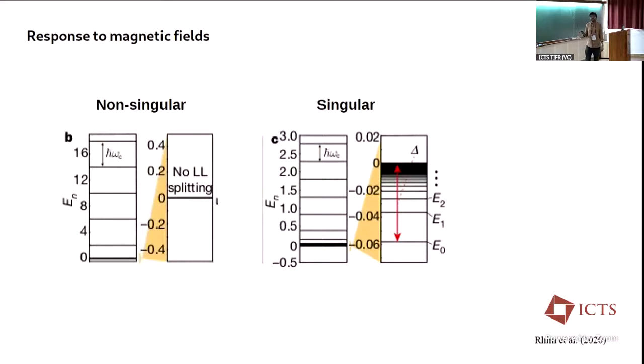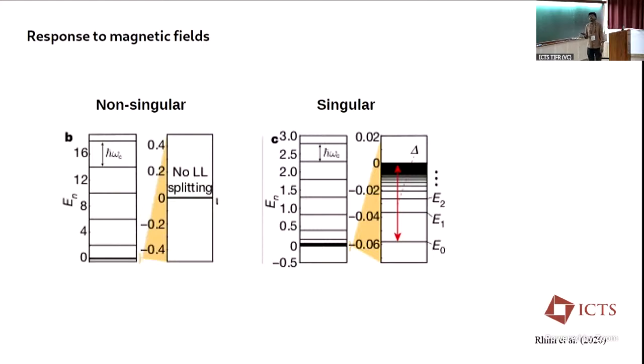But for a singular flat band, in the free space available in the energy landscape, we find an additional set of Landau levels. You do have the positive branches of the Landau levels, like for the non-singular case, but you have an additional negative branch of Landau levels forming below the flat band. The scaling of these Landau levels cannot be explained in terms of the dispersion parameters or the effective masses, and it turns out this is rather dictated by the quantum geometry.